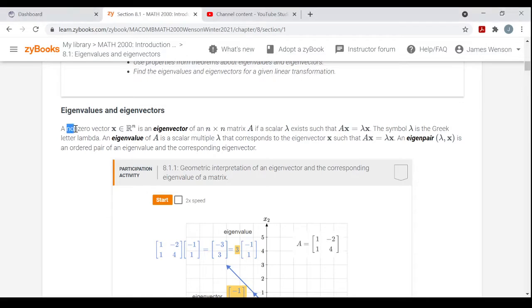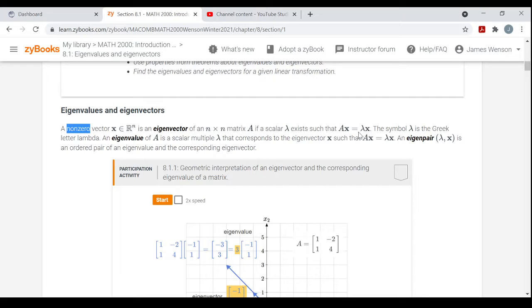A non-zero vector, with emphasis on the word non-zero, x from Euclidean space Rn is an eigenvector of an n by n matrix A if a scalar lambda, the Greek letter lambda, exists such that A times x is equal to lambda times x.